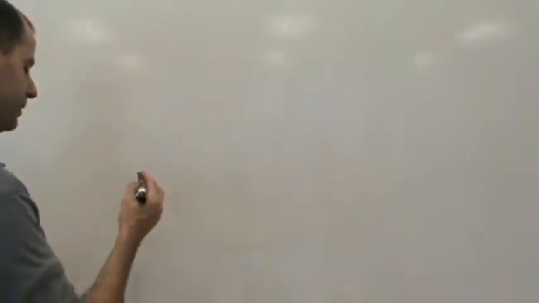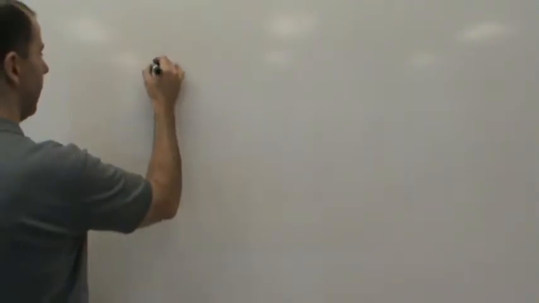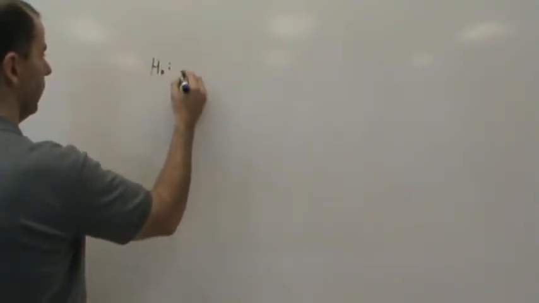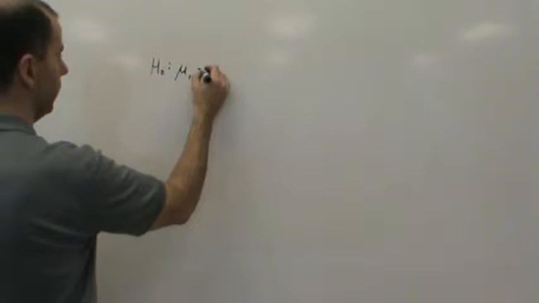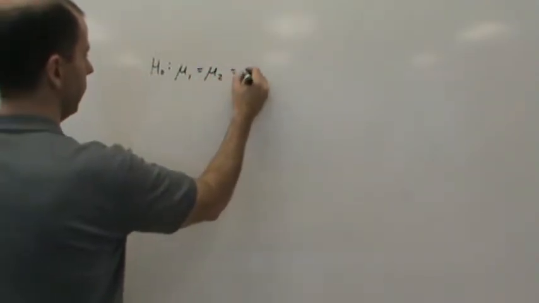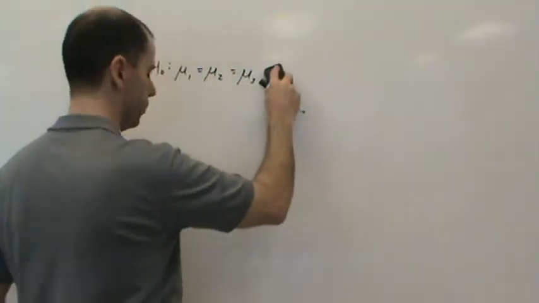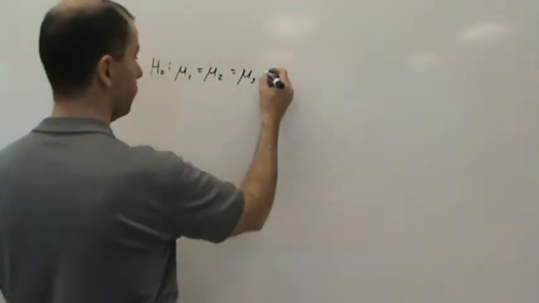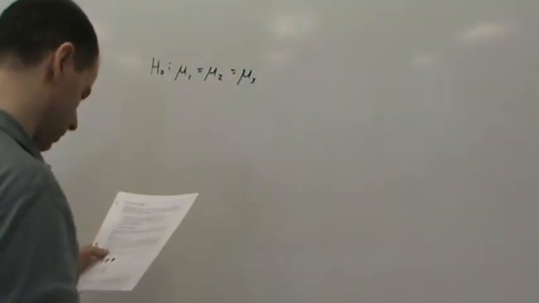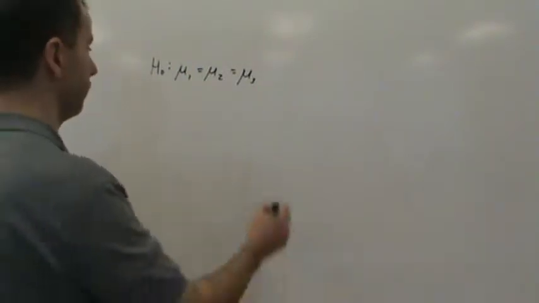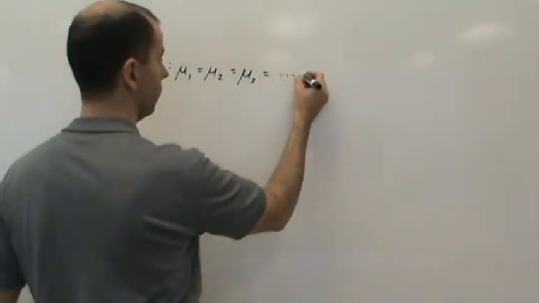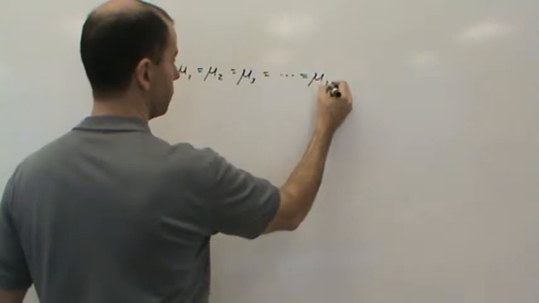Okay, so here are the null and alternative hypotheses in this case. The null is going to be mu1 is equal to mu2, which is equal to mu3, all the way to mu sub k, which is equal to mu sub k.